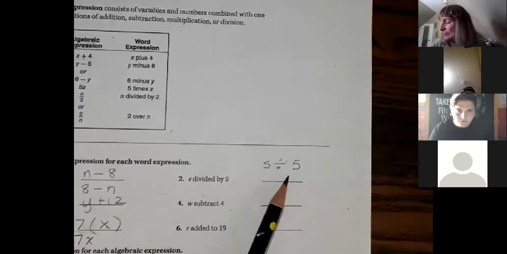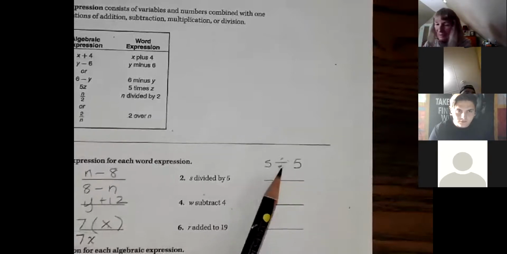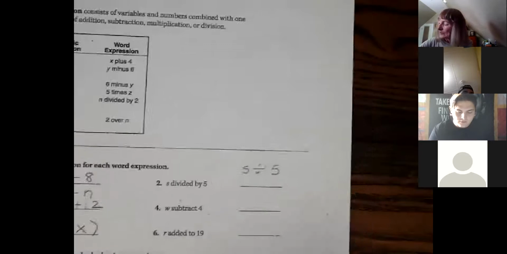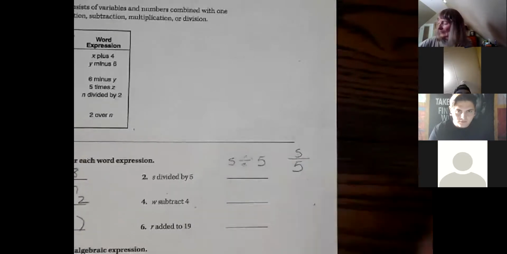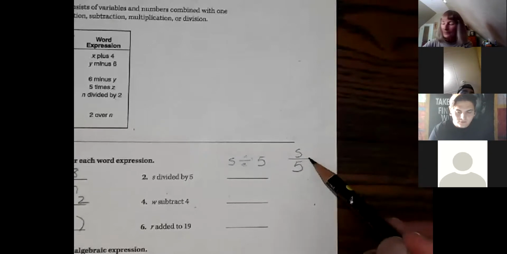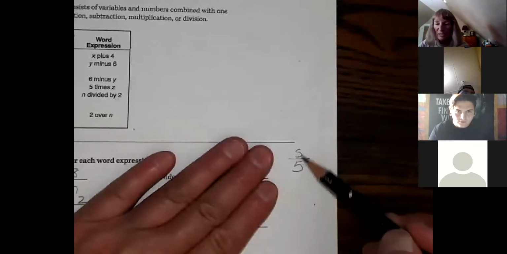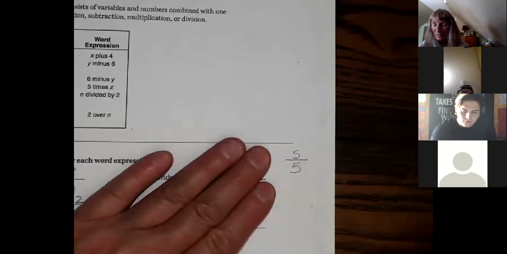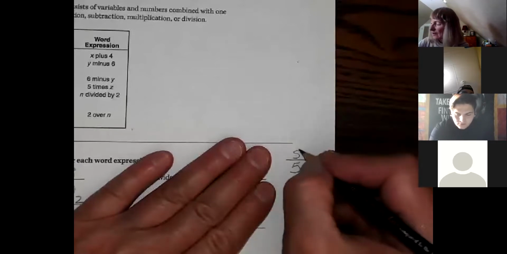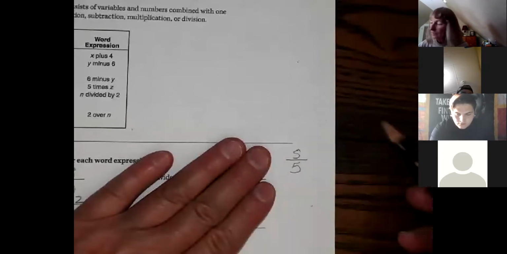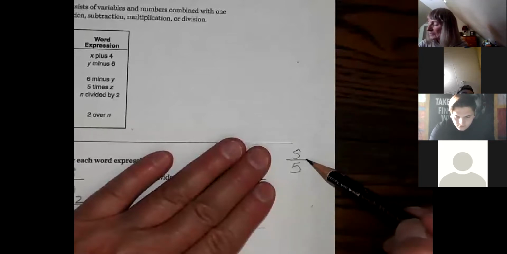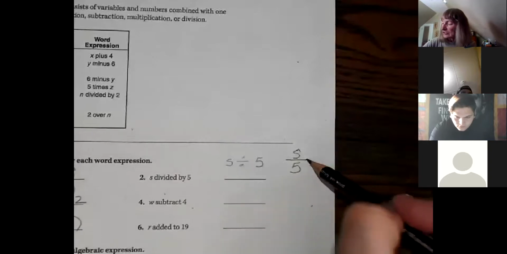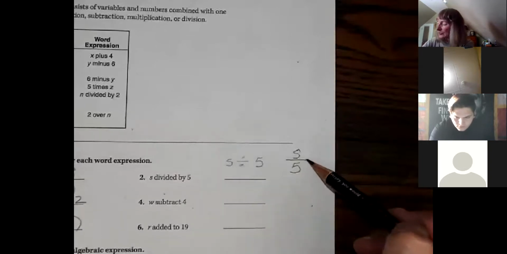So we have another symbol that means division, and it's used more commonly in algebra, and it looks like this. This symbol right here. When I write it this way, it looks kind of like a fraction, and it is a fraction. So that's what a fraction is. A fraction is when you have one number divided by another number. So this is the symbol that I usually use for division when we're doing algebra.